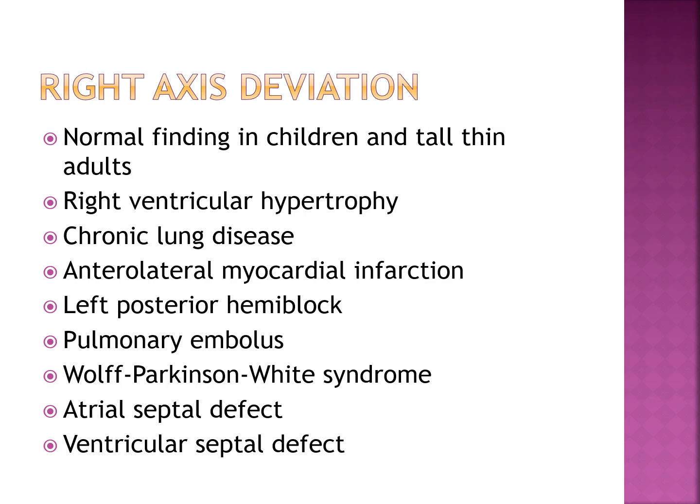The right ventricle gets bigger, so you're going to have more electricity on that right side because it has to travel further. Chronic lung disease and past anterior lateral myocardial infarctions will give you a right axis deviation. So do left posterior hemiblock, pulmonary embolisms, Wolff-Parkinson-White syndrome, atrial septal defects, and ventricular septal defects. There are loads of things that can cause a right axis deviation.